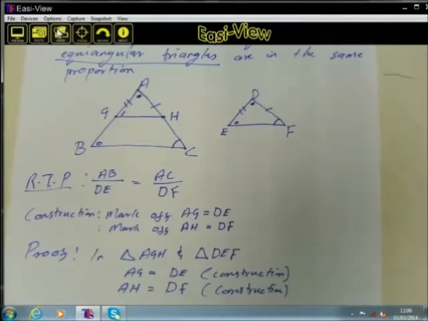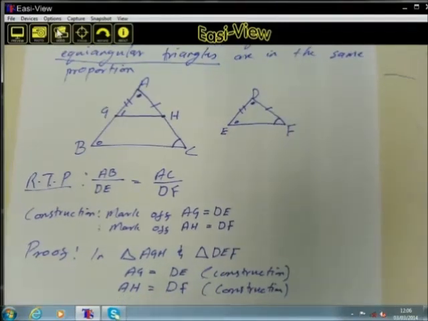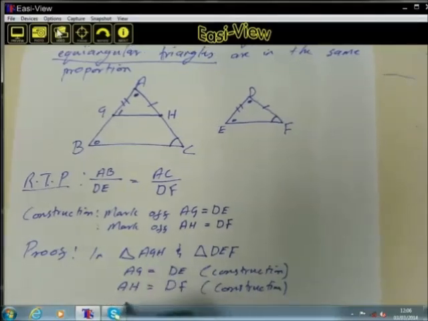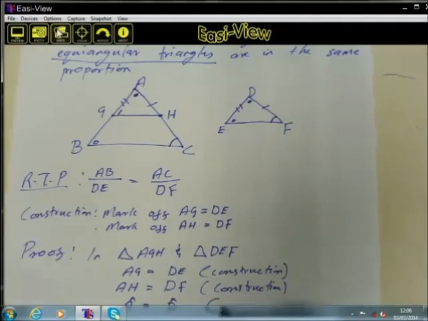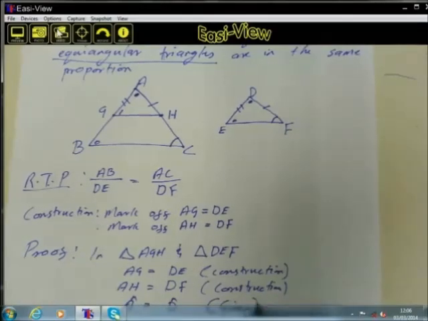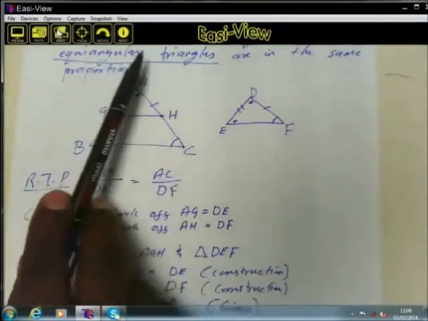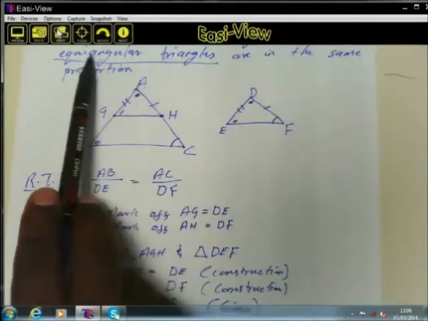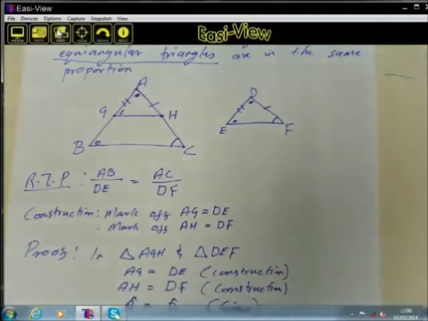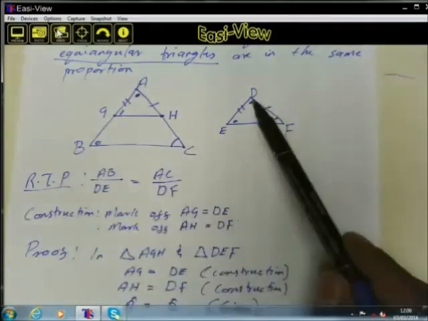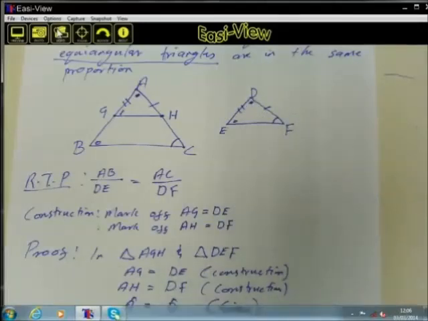For us to prove congruency, remember we must have three statements. Check in triangle AGH, we've got angle A, which is equal to angle D. This one, remember, is the given information. It's not construction. Because the theorem says if two triangles are equiangular, then the sides must be proportional. It means triangle ABC and triangle DEF had their corresponding angles equal.